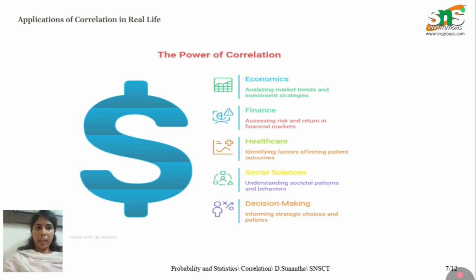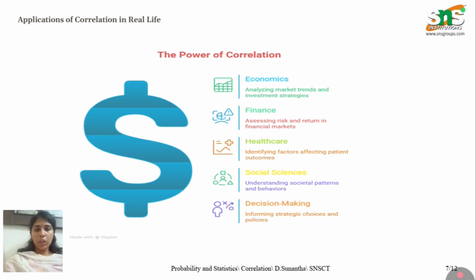Next is healthcare. So identifying factors affecting patient's outcome. For example, if we are using medicine for a patient, if the medicine suits very well for that patient, then we will continue to give that medicine. If it's having some other consequences, like if the medicine is giving side effects, then we'll stop that medicine.